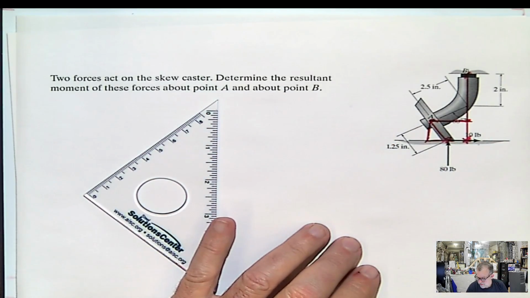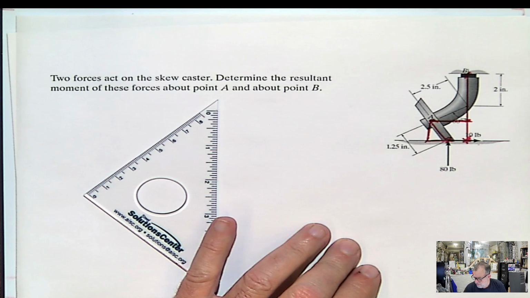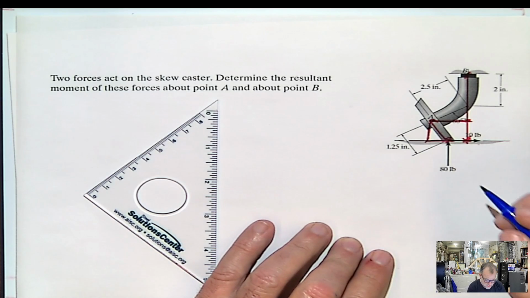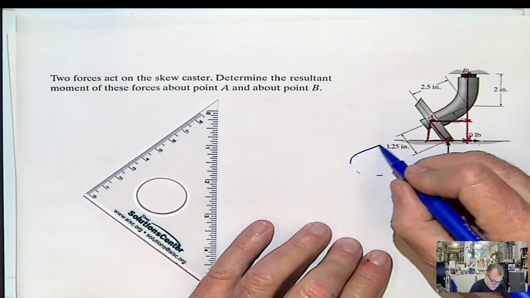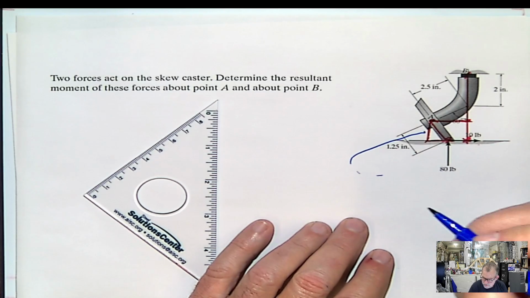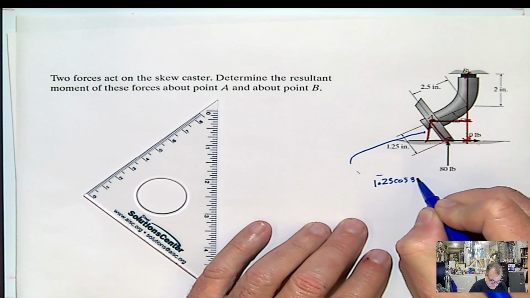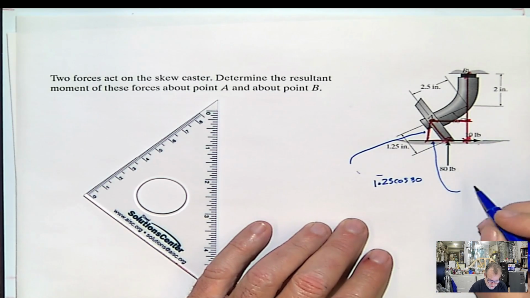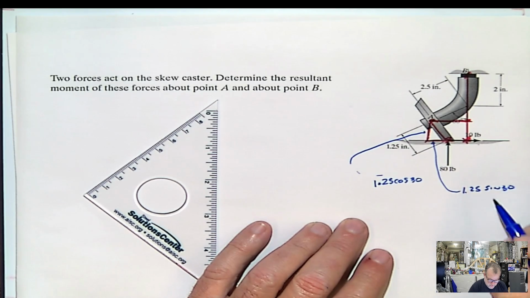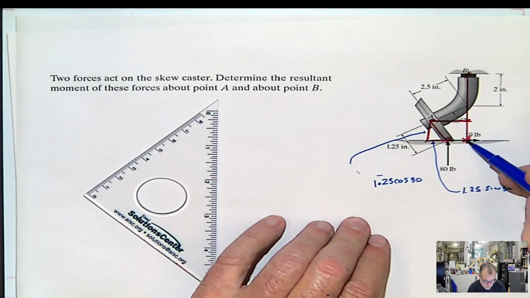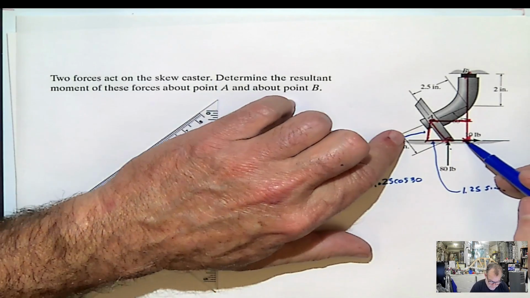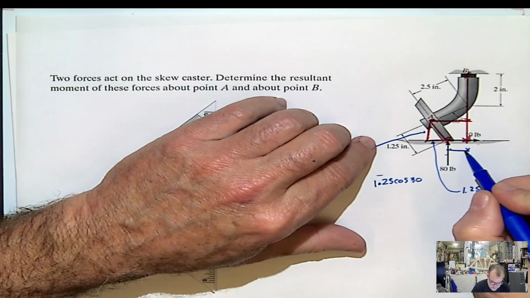And right now I'm wondering, why did I have to do this again? I didn't have to do this again. I could use the same one. So this one, we determined before that it was 1.25 cosine 30, and this one, we say that it was 1.25 sine 30. So for the force of 80, remember, we need this distance.